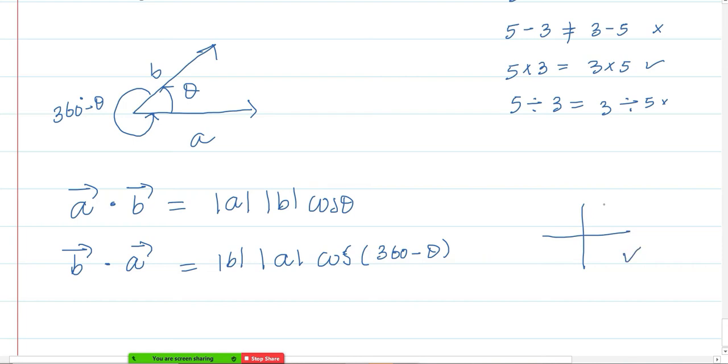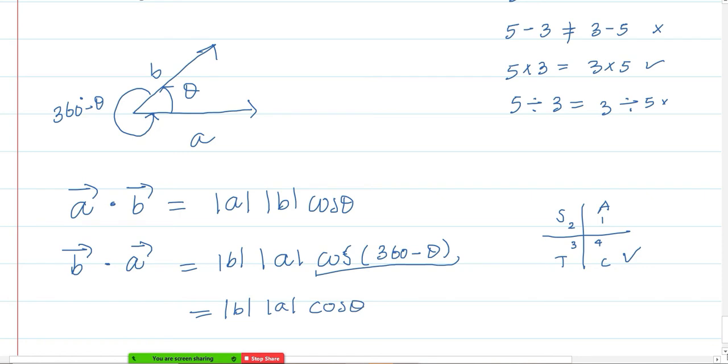Here, ASTC: all are positive in the first quadrant, sine in the second, tan in the third, and cos positive in the fourth quadrant. So 360 minus theta lies in the fourth quadrant where cos has to be positive. So you can write it as mod B times mod A times just cos theta.